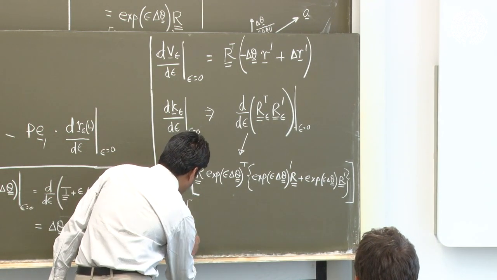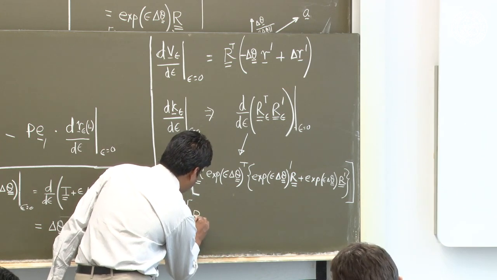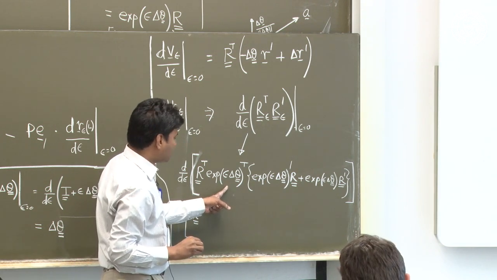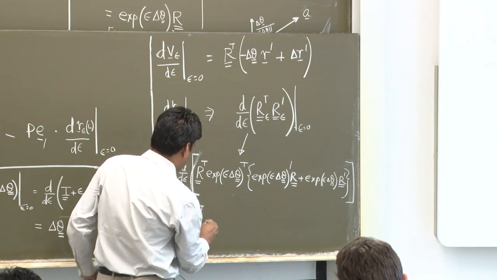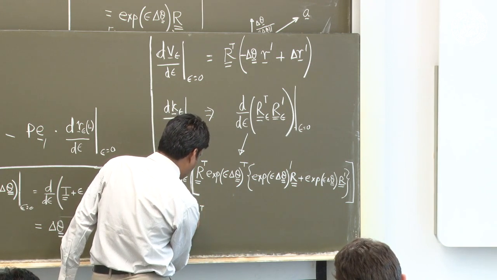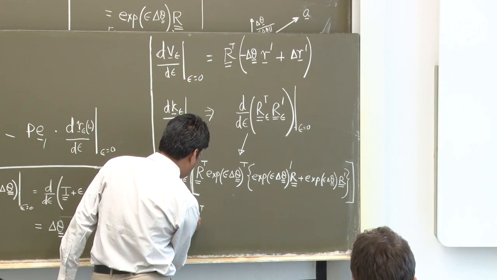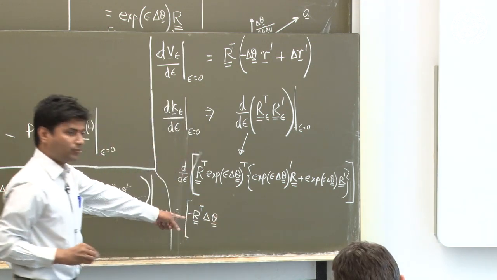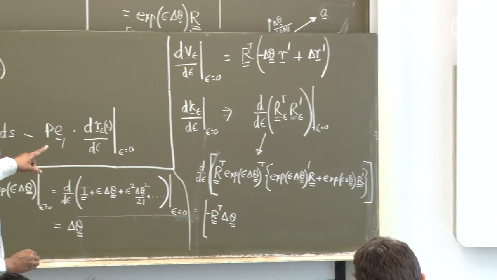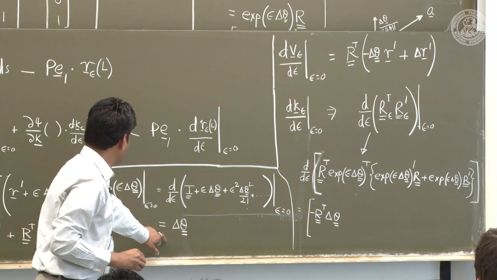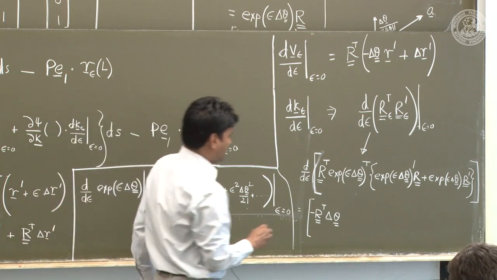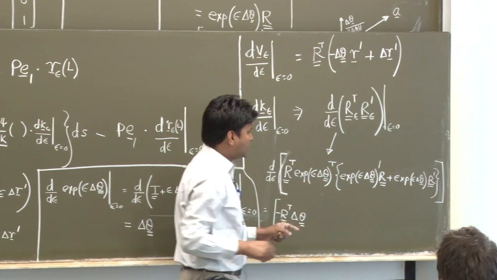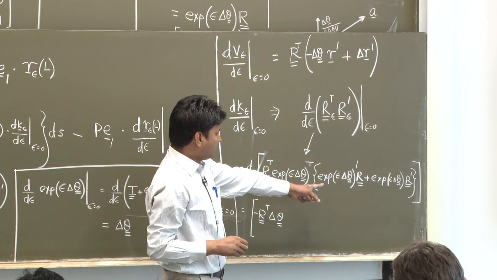So this becomes big R transpose, and this is something we already worked out, so it comes with a minus sign of delta theta, right? We worked it out. Yeah, over here, into this thing at epsilon equal to 0. So what is this going to become at epsilon equal to 0?